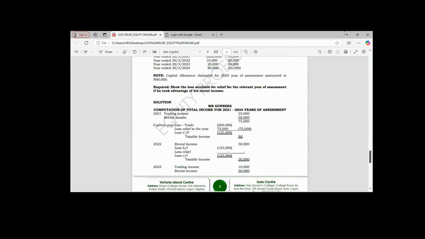So we have dealt with the current year carry forward. We also need to look at where we have a situation of current year loss relief. So how do we tackle that for current year loss relief? Just give me some minutes.